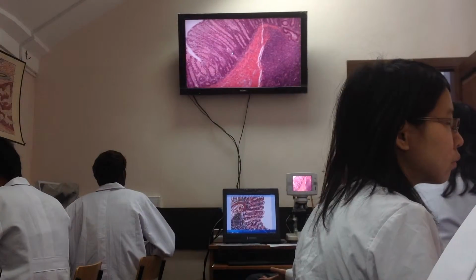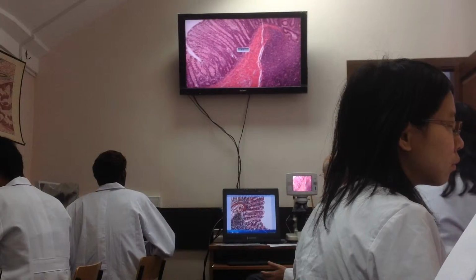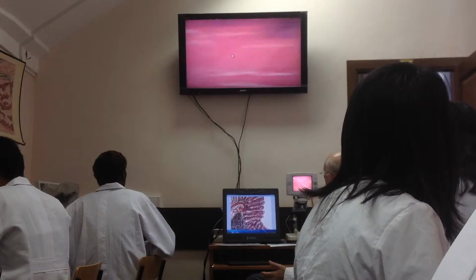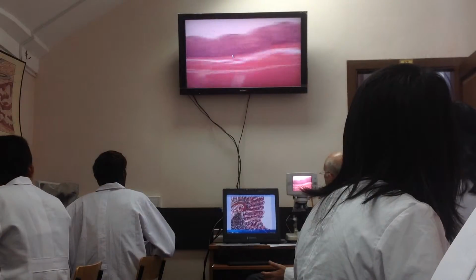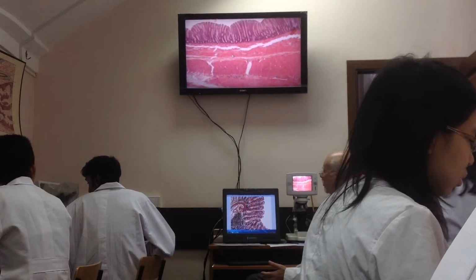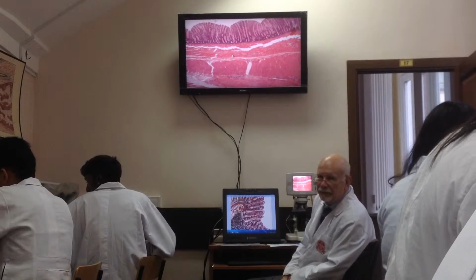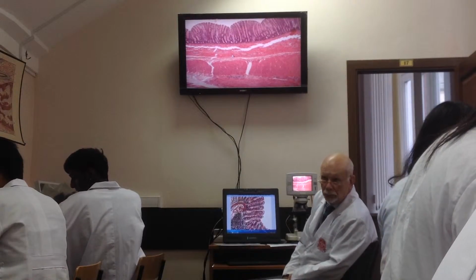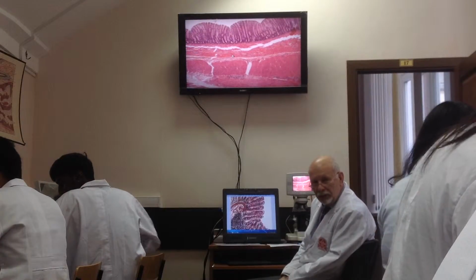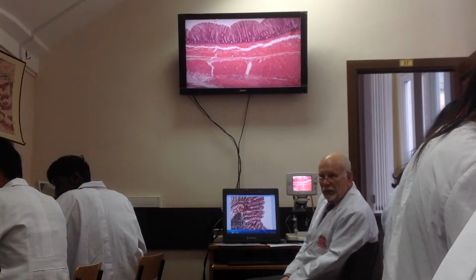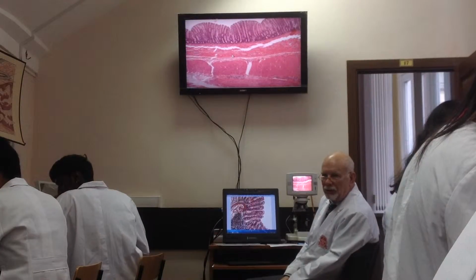The wall of the large intestine contains how many tunics? Four. Four tunics. Why three? Four. Let's enumerate once more these tunics.